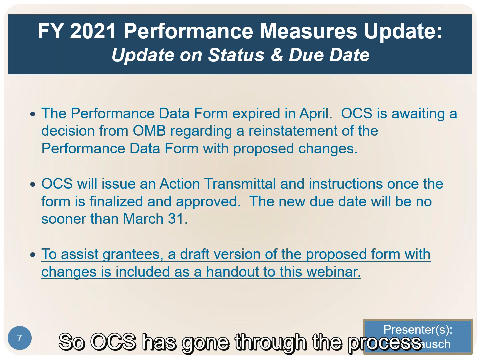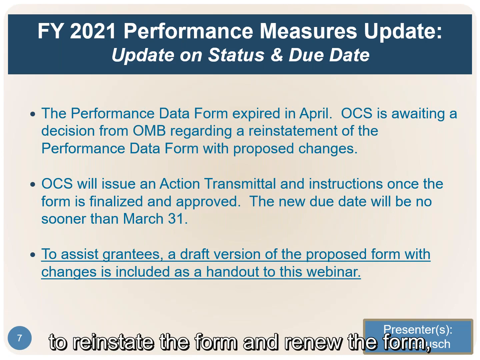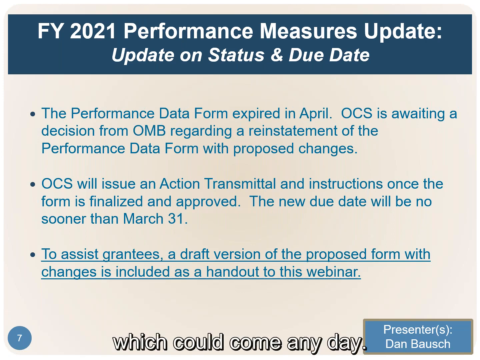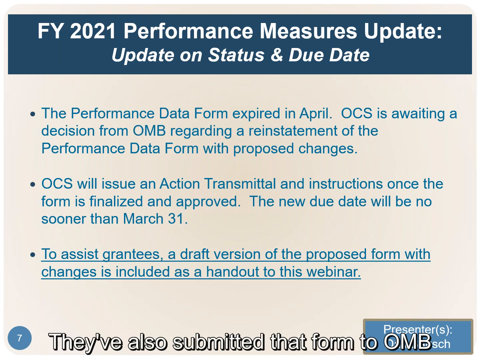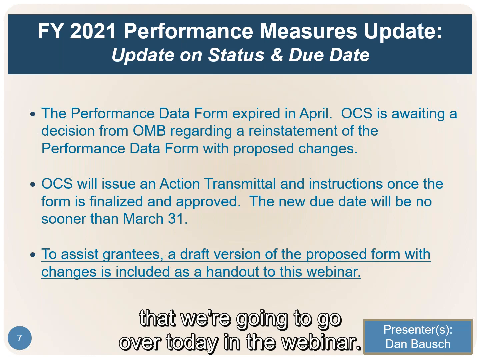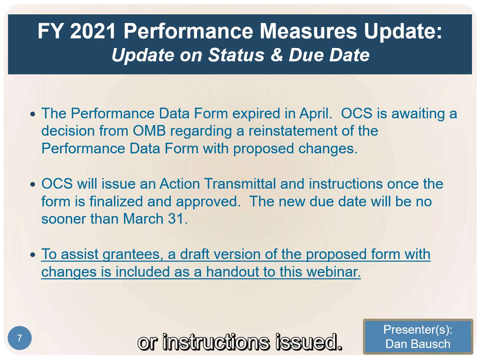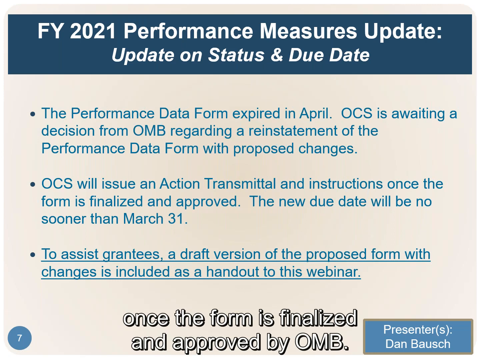So OCS has gone through the process of submitting requests to OMB to reinstate and renew the form, and they are waiting for a decision from OMB about doing so, which could come any day. They've also submitted that form to OMB with proposed changes that we're going to go over today in the webinar. So there has not been an action transmittal issued yet or instructions issued, and OCS is planning to do that once the form is finalized and approved by OMB.